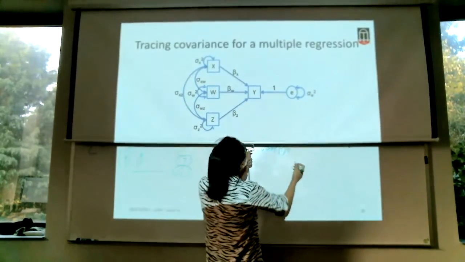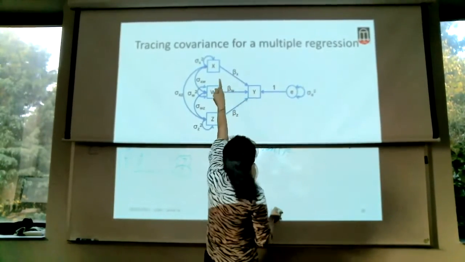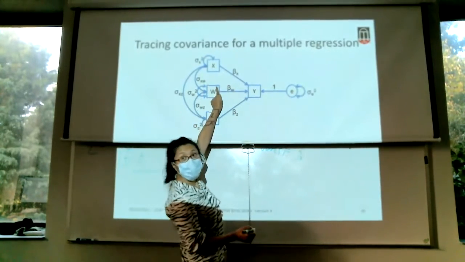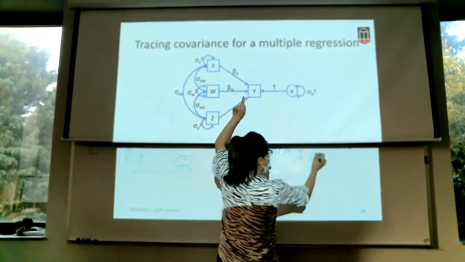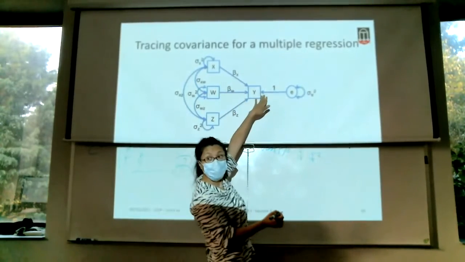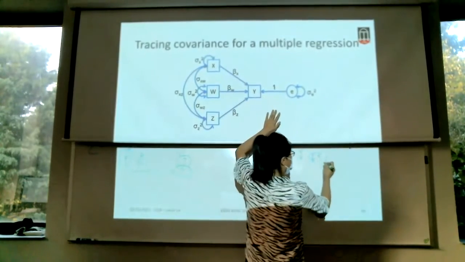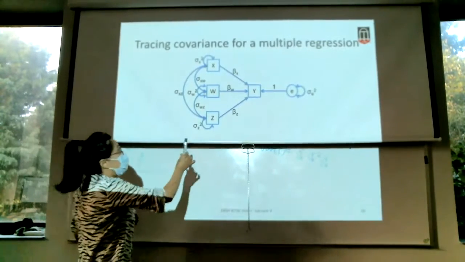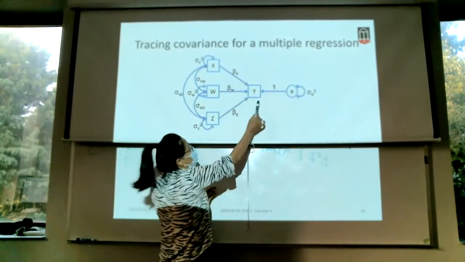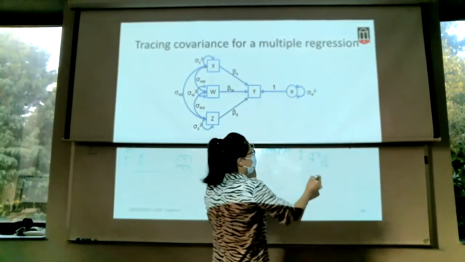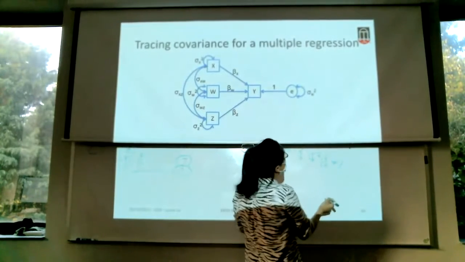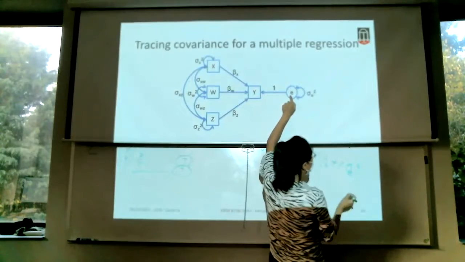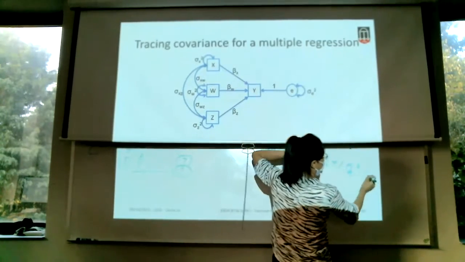So we start from Y, go to X. We have beta X and the variance of X, and then beta X going back to Y. That's one component. The other one is using Y to E. So you said 1 times variance of E times 1, going back to 1. Good.